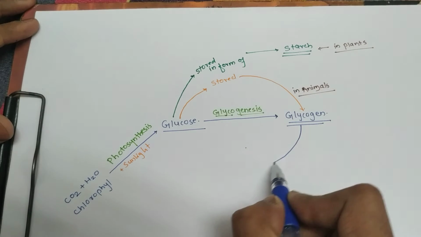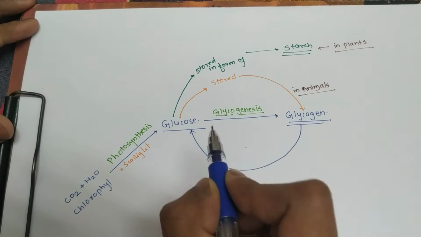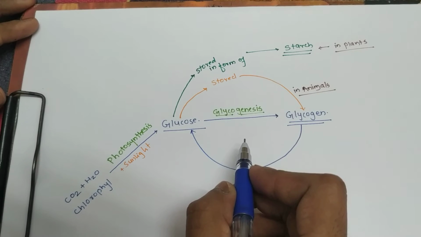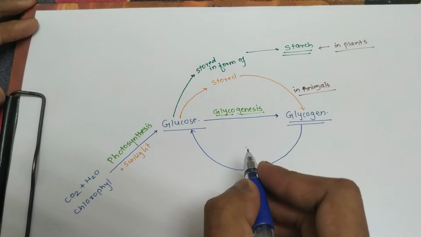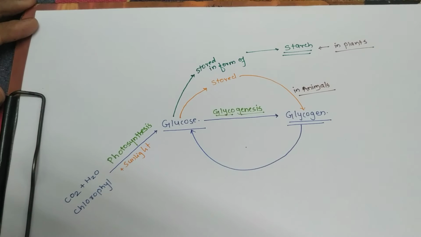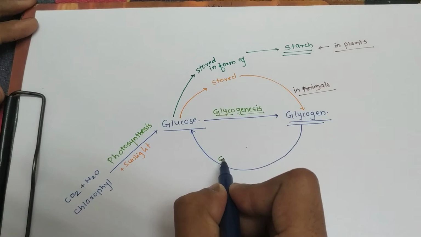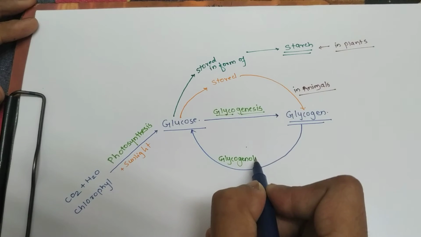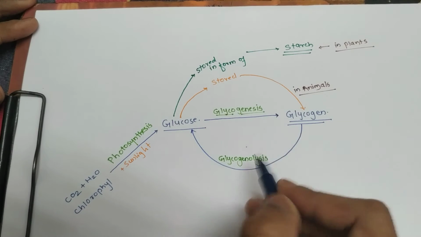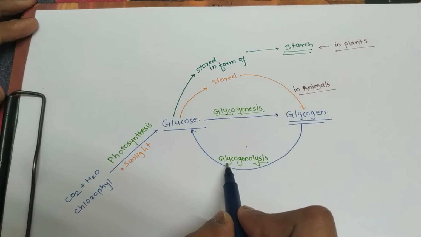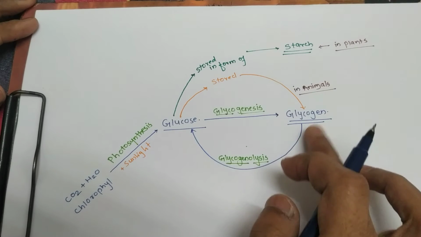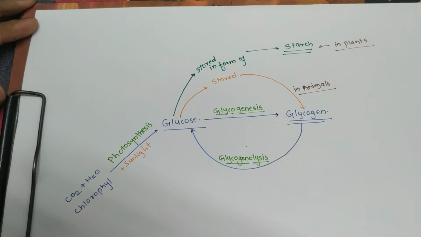The glycogen is converted into glucose with the help of glycogenolysis, that is, lysis is breakdown, so the breakdown of the glycogen into glucose.